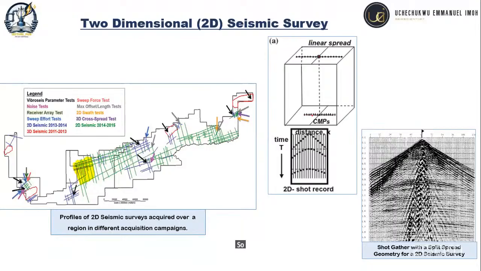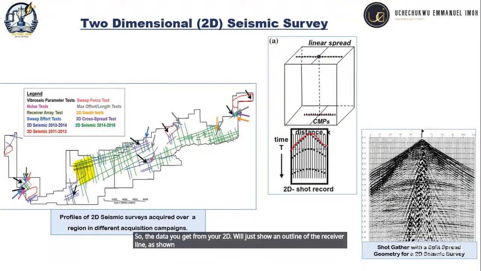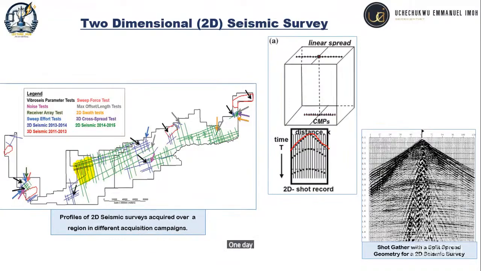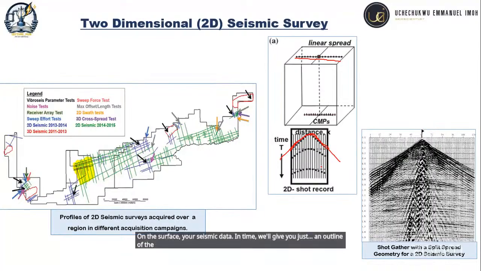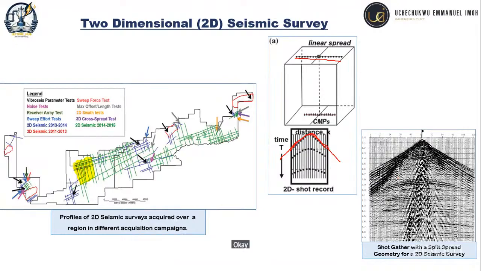The data you get from your 2D will just show an outline of the receiver line, as shown on this image on the right. So this is what your seismic data will look like when you finish your 2D survey.